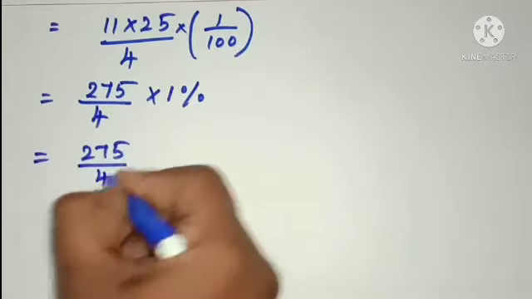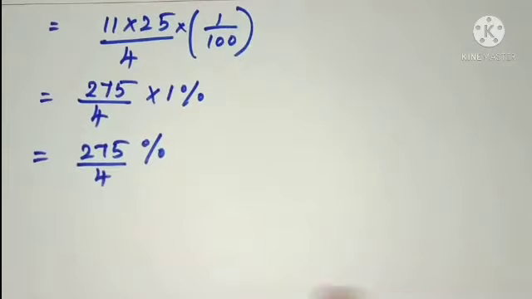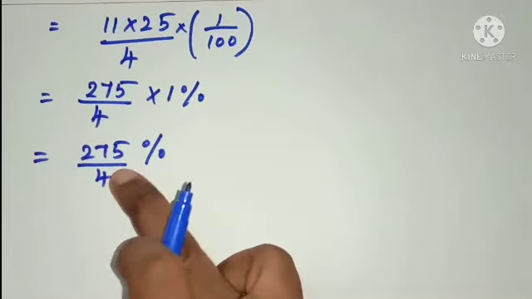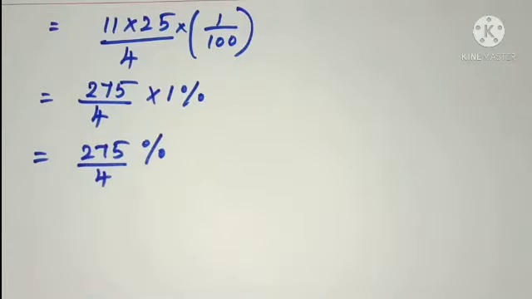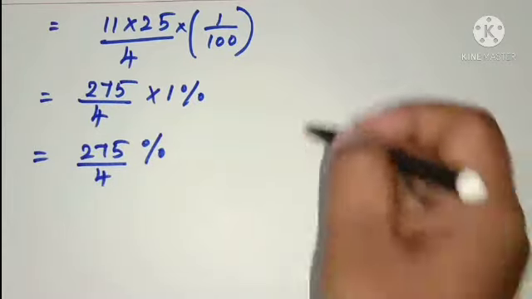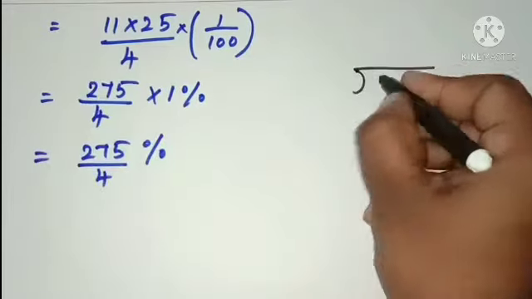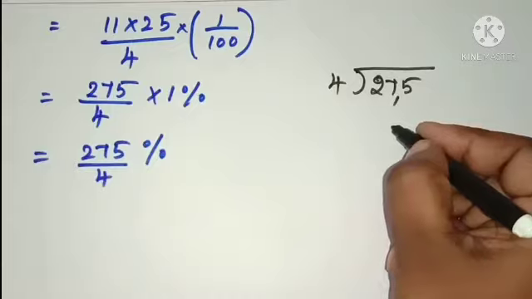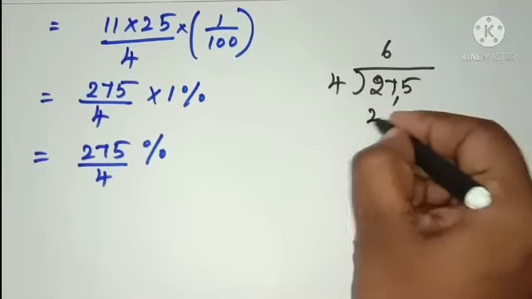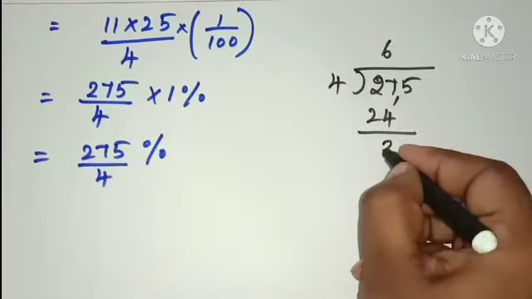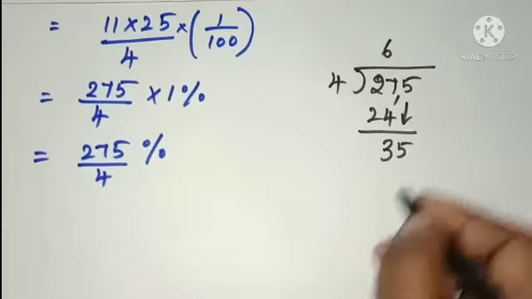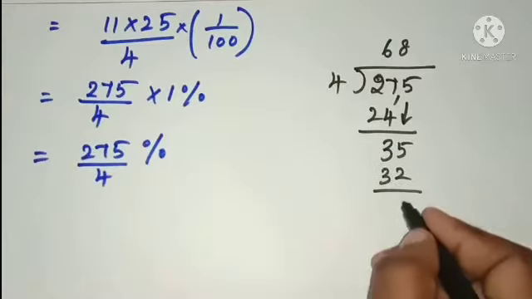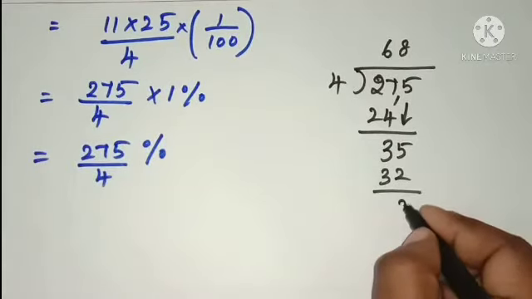275 by 4 percentage. So for our convenience, let us write the improper fraction in mixed form. For that, what will we do? Divide 275 by 4. Here 6 4s are 24. Remaining 3 and bring 5 down. 35. 8 4s are 32. So remainder is 3.